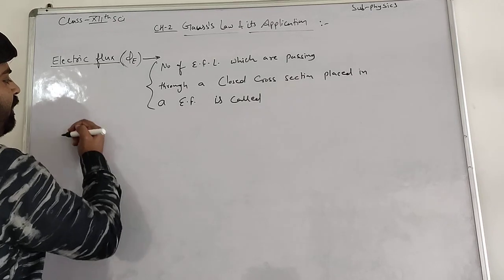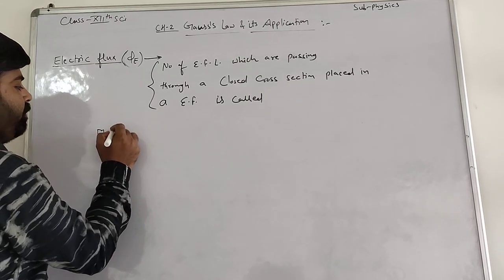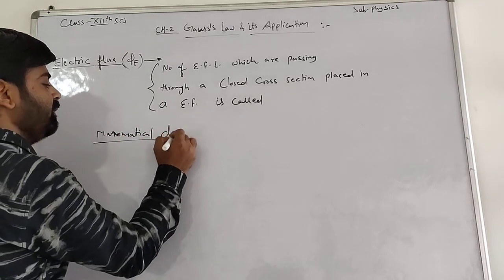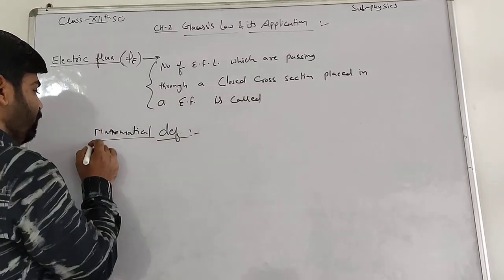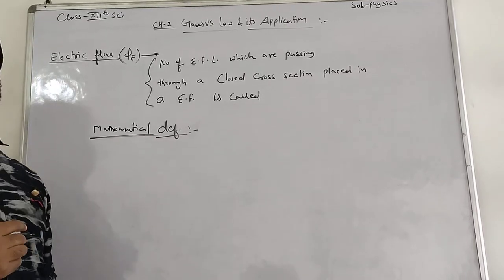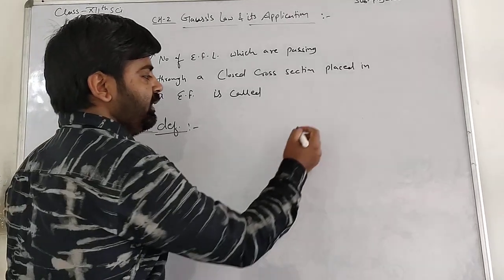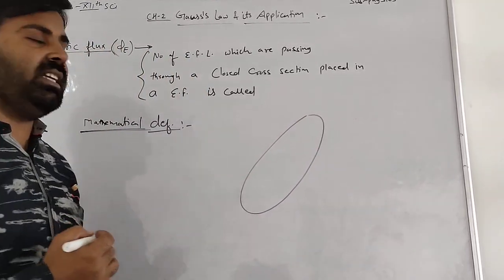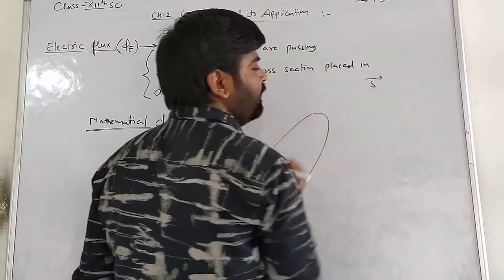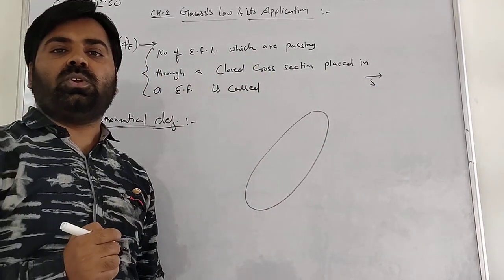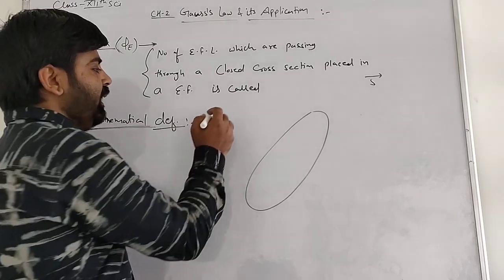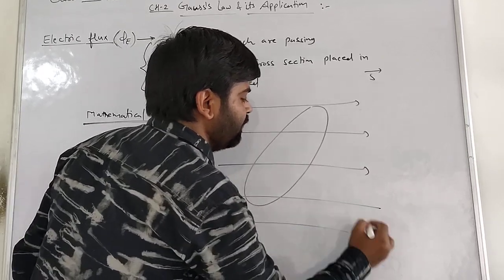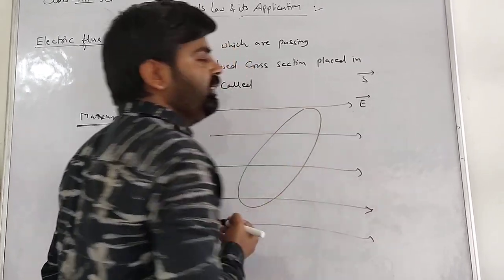Now its mathematical definition. To define it, we consider a closed cross section whose area is S vector, placed in an electric field denoted by E vector.